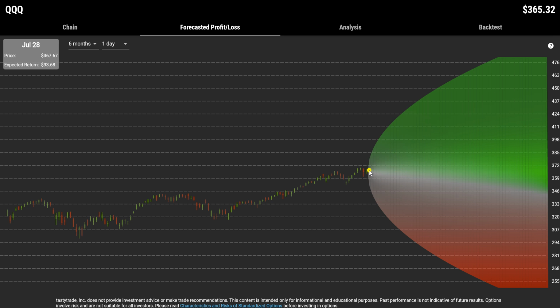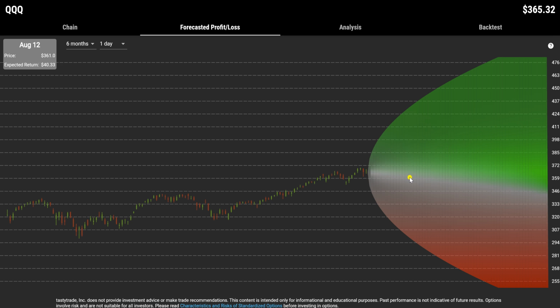So depending on where the Qs go in this situation, you can see up on the left-hand side, as I move my mouse, the date changes, and if I go up and down, the price changes along with the expected return. So this is kind of handy, where you can see what your return is based on where the price goes.